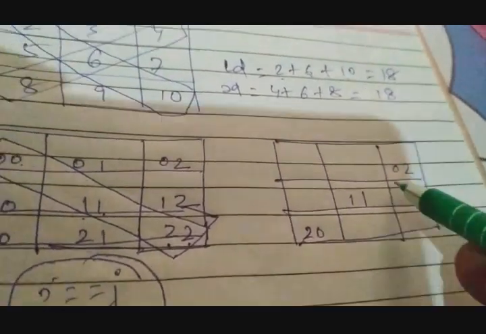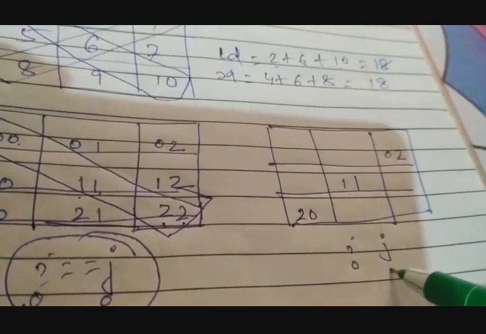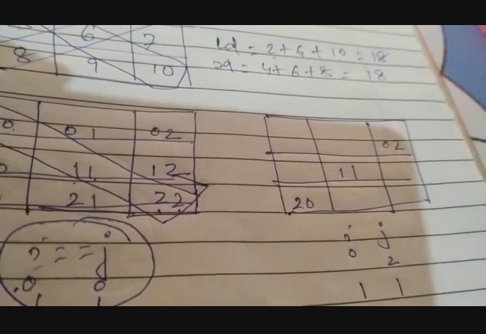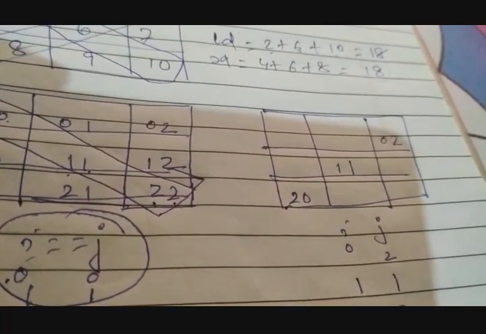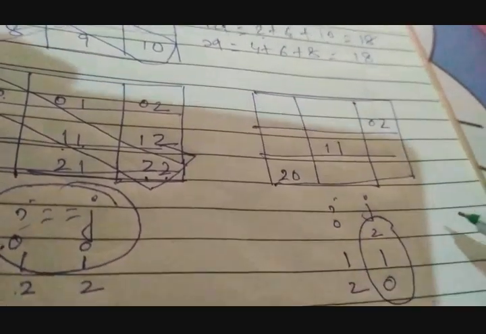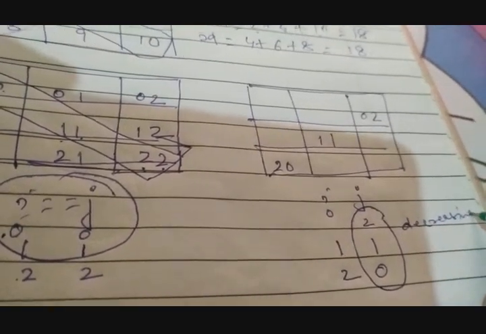When i is 0, j is 2; when i is 1, j is 1; when i is 2, j is 0. That means j is decreasing. This can be one technique.